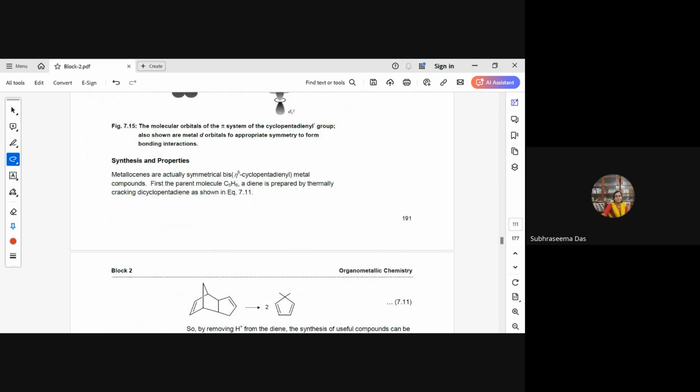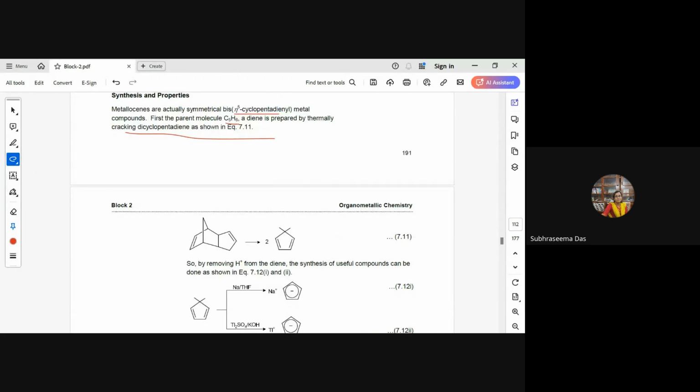Now the synthesis and properties. The metallocenes are usually symmetrical metal compounds, that is the bis cyclopentadienyl metal complexes. First, the parent diene, C5H6, is prepared by thermally cracking dicyclopentadiene. To prepare this cyclopentadienyl ligand, we first start with the thermal breakdown of dicyclopentadiene.